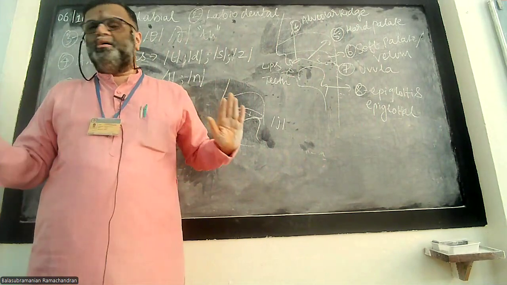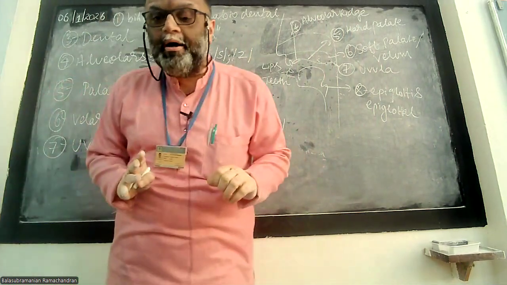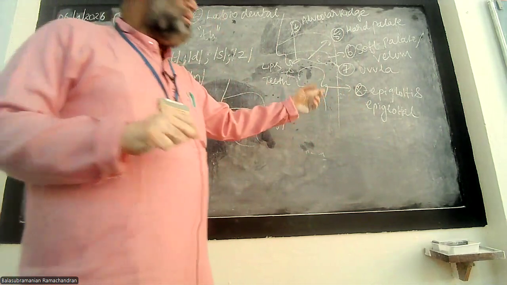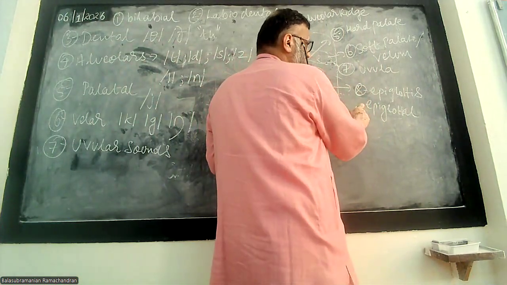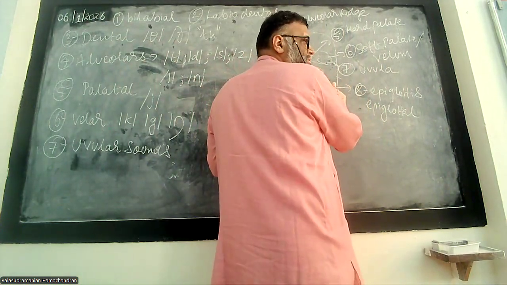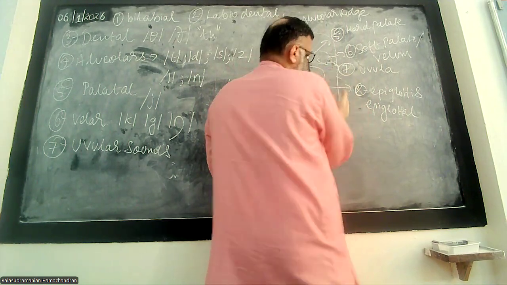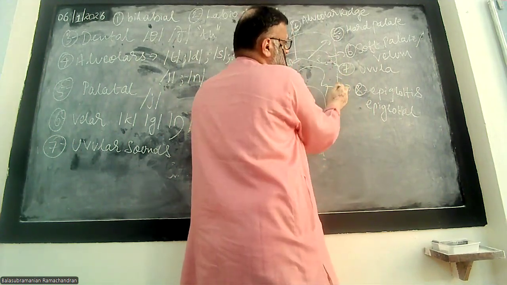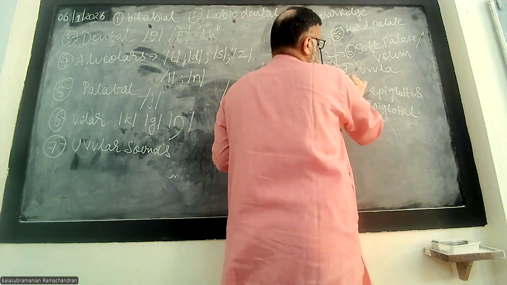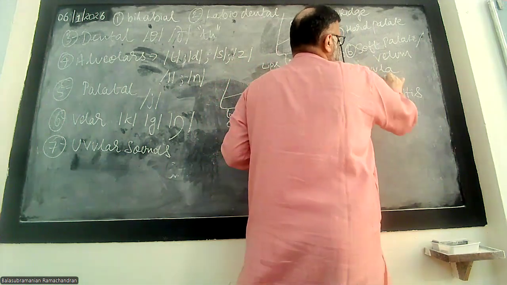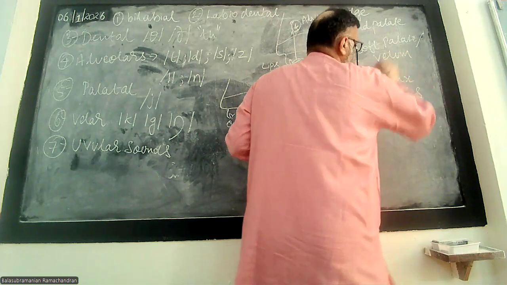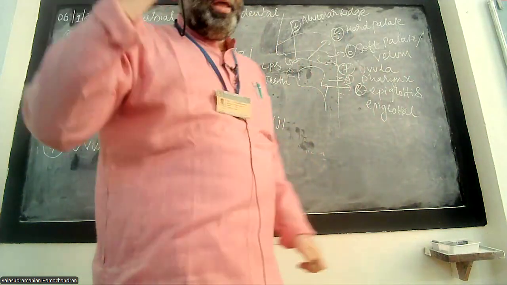I have not marked it in the. I have not done any marking there. So epiglottis is that, but இதுக்கு முன்னாடி ஒன்னு இருக்கு. So this space starting from here up to here is called, let me call it 9, the pharynx.